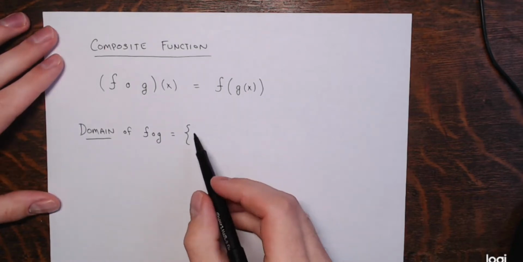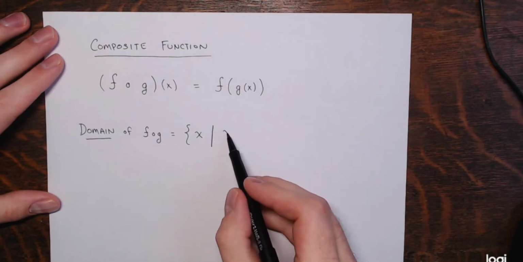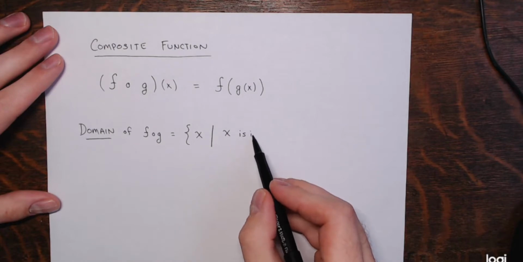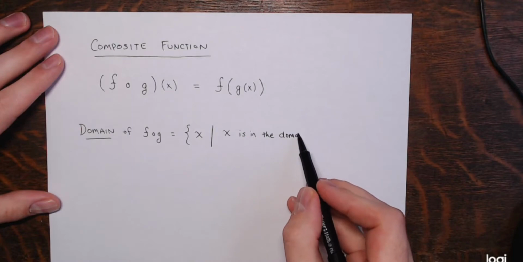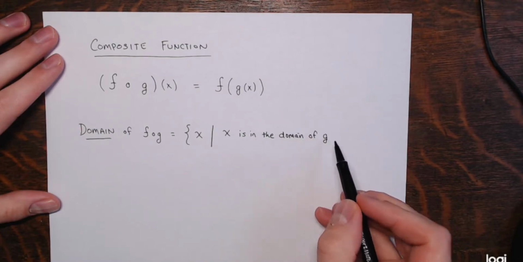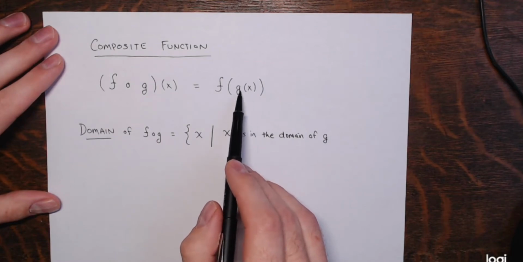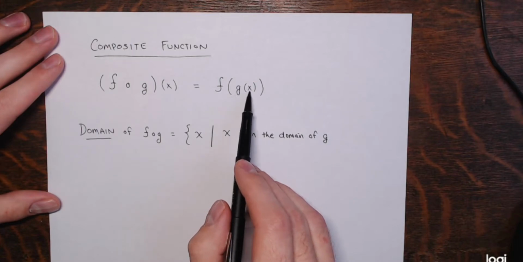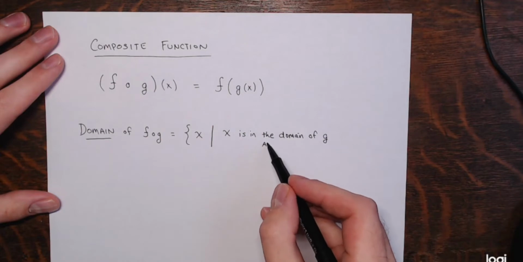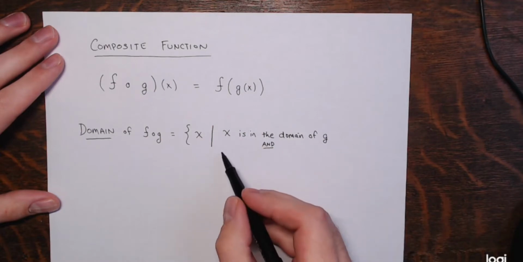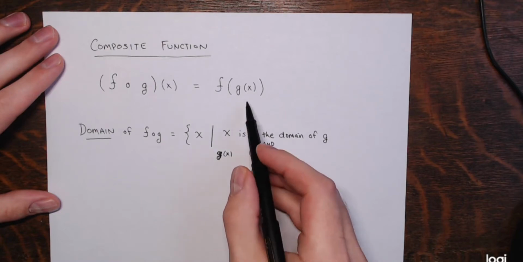So it's the values of x such that x is in the domain of g, because that's the first function it goes into. Since I'm plugging into g first, x better be a number that's in the domain of g. And at the same time, g of x, whatever that first output is, is in the domain of f.